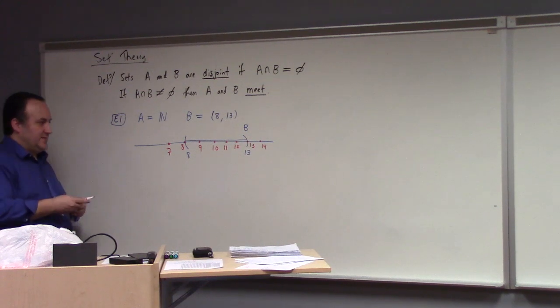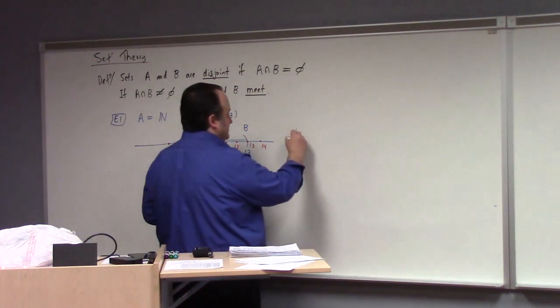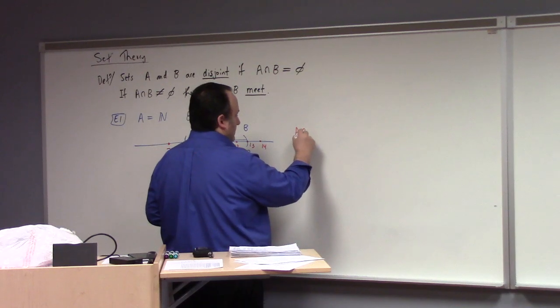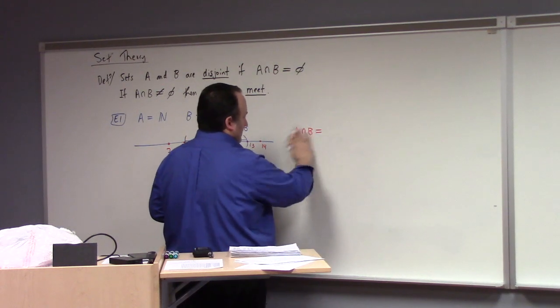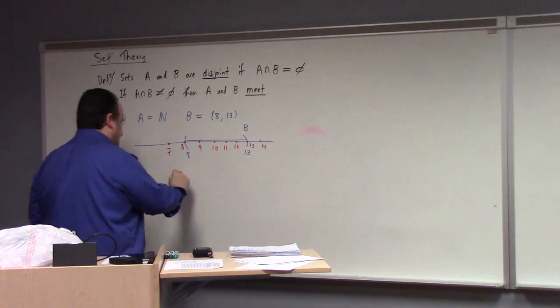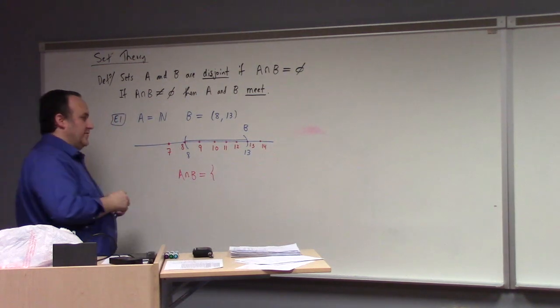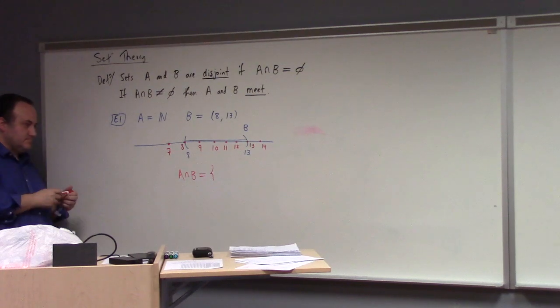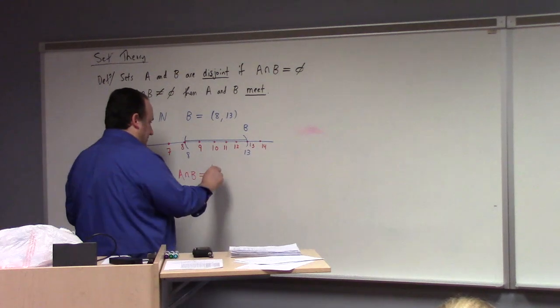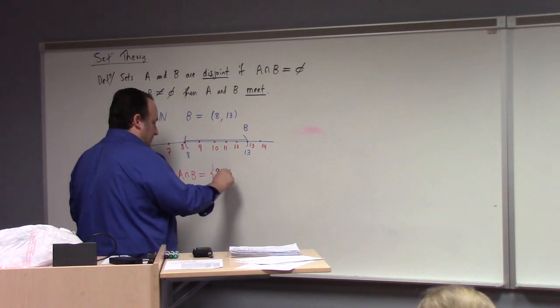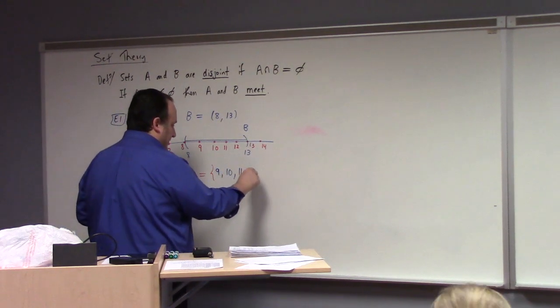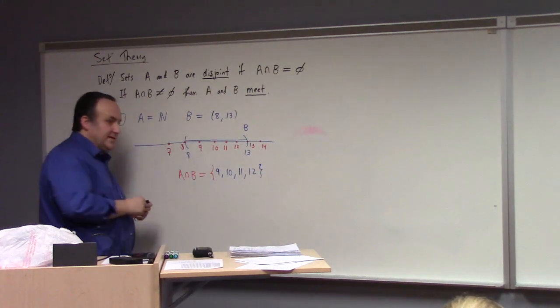What's the intersection of A and B? Which points are in both sets? Yep, 9 through 12. So 9, 10, 11, and 12 is probably the best way to express that.